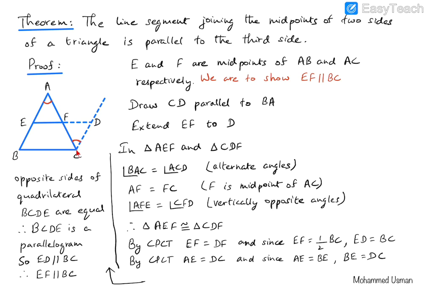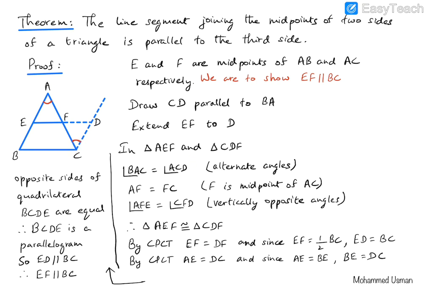Looking at this construction, we have drawn this line CD parallel to AB and then extended the line EF until it intersects with this line CD at the point D, and then we compare these 2 triangles AEF and CDF. What we notice is that in triangle AEF and triangle CDF, the angle BAC, which is this angle over here, is equal to the angle ACD, because these are alternate angles.